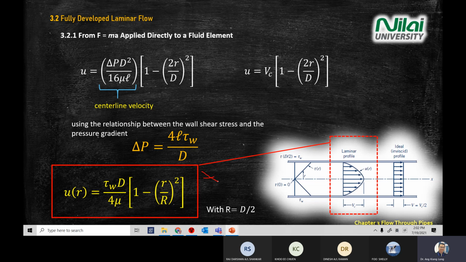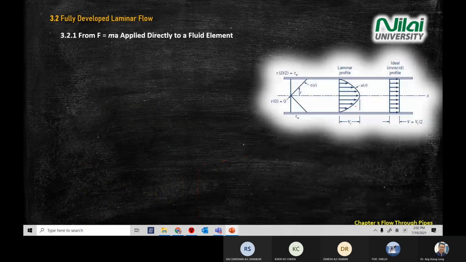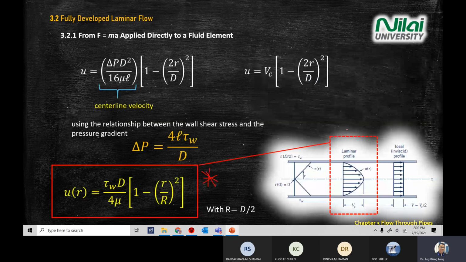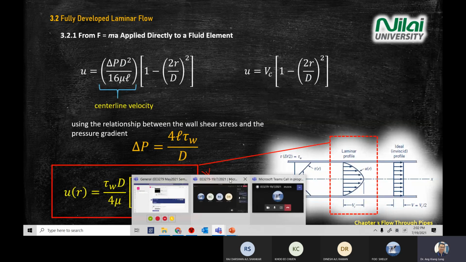So this slide proves this equation for parabolic flow with a VC at the center. Okay, I think we stop here. We continue in the next lecture.